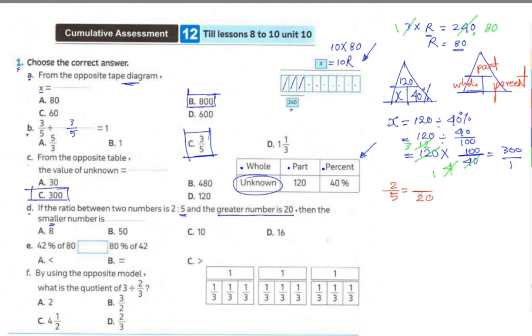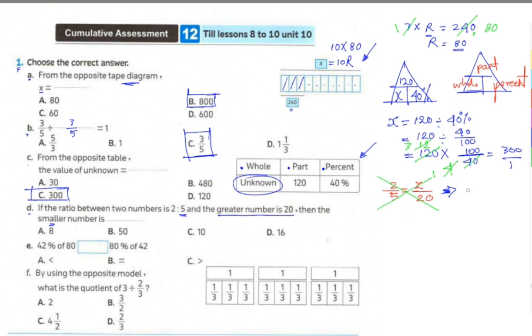The smaller one is x. To find x, I will use the property: the product of the means equals the product of the extremes. So I multiply 2 by 20 equals 5 by x.